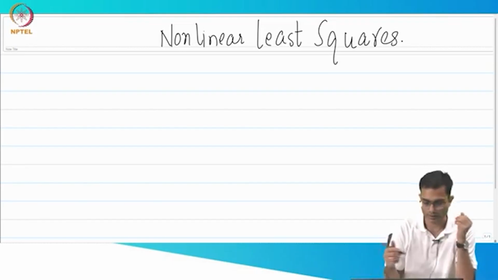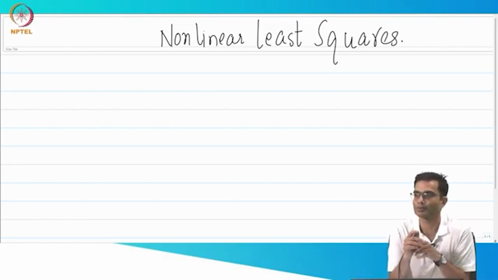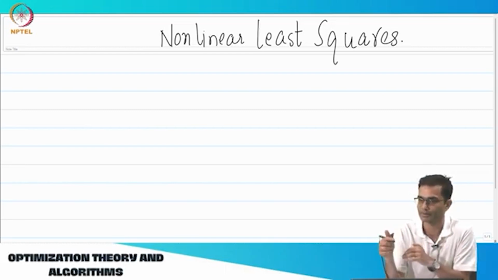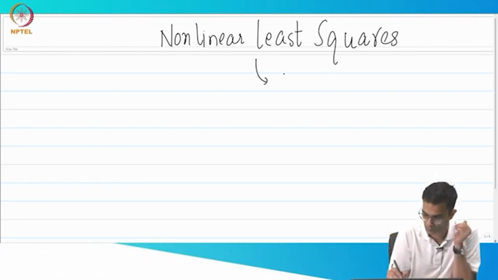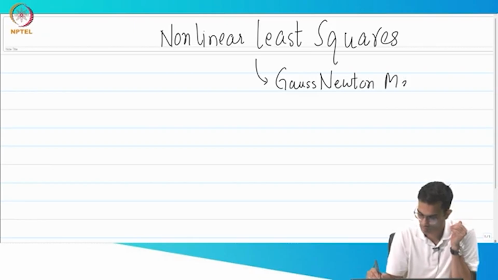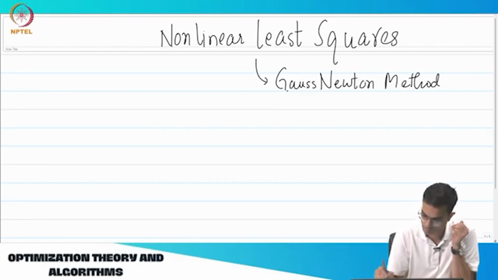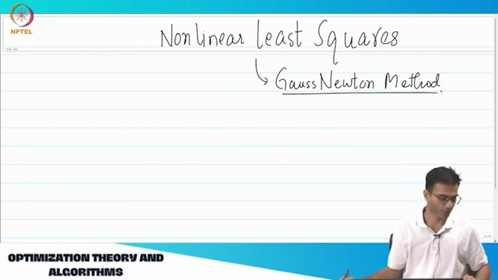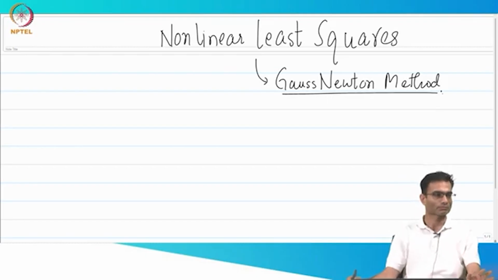Okay, so in particular, the method that we're going to talk about today is a very traditionally well-known, well-used, and very popular method. It's called the Gauss-Newton method. Many of you may have heard of this. And we are already familiar with the Newton method, right?